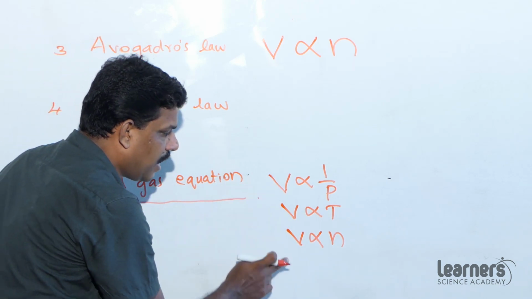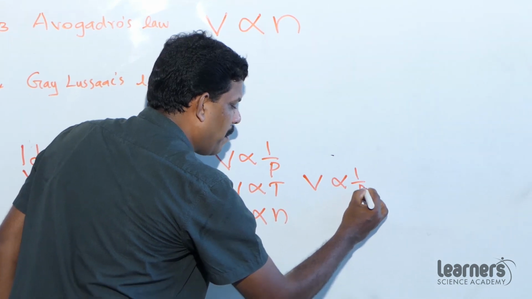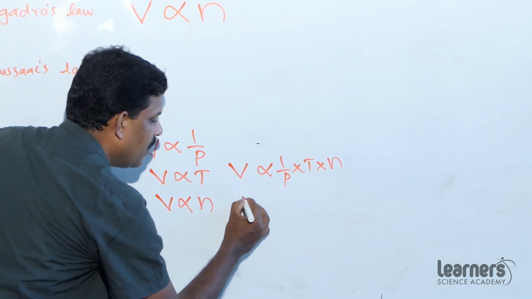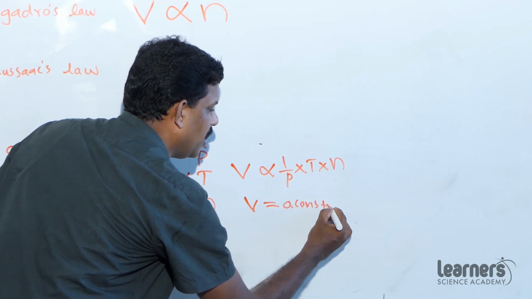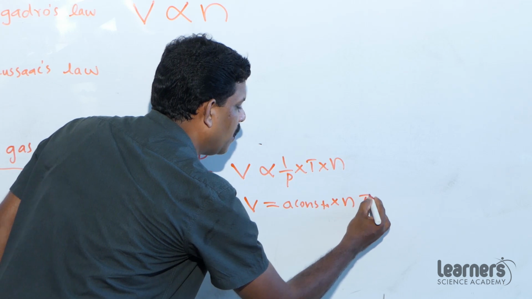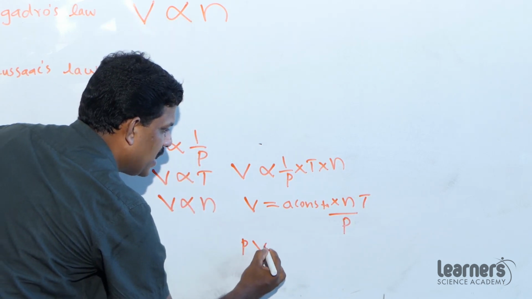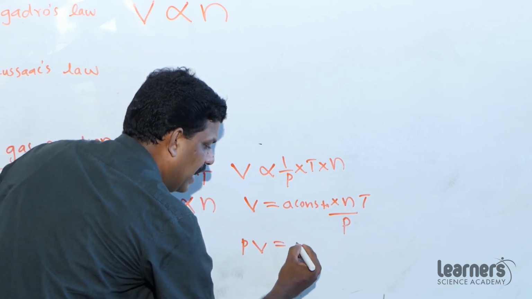By combining the 3 laws we get V proportional to 1 by P into T into N. Thus, V is equal to a constant into N into T by P, or PV is equal to a constant into NT.